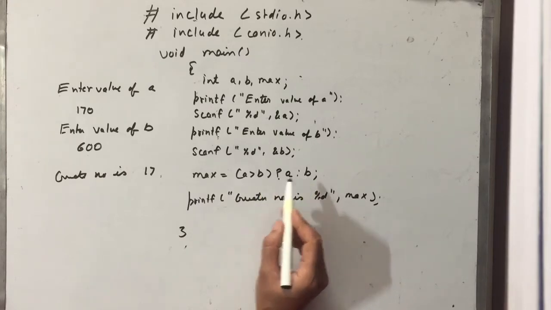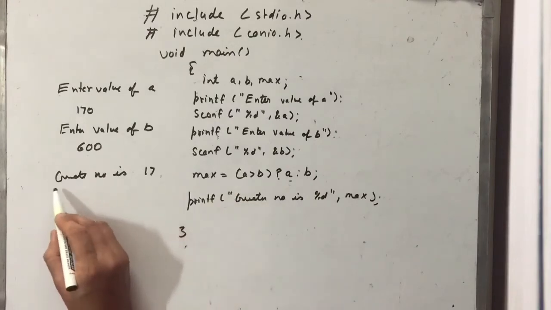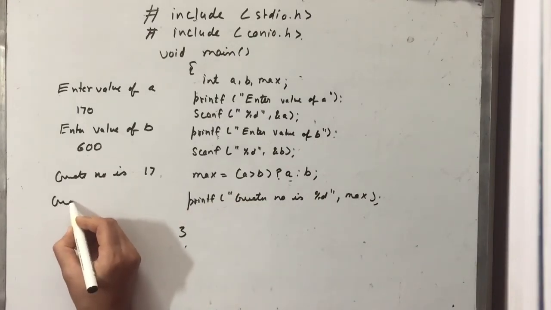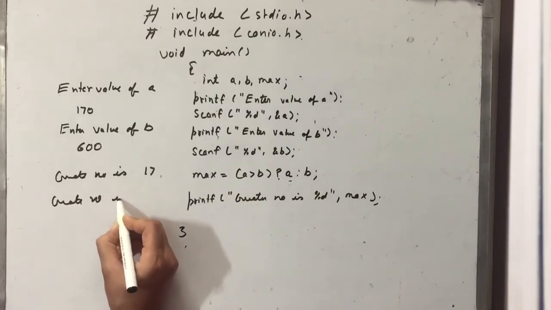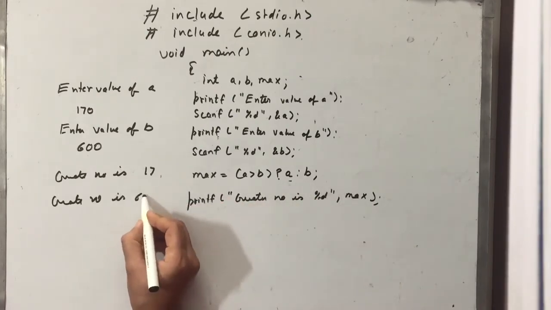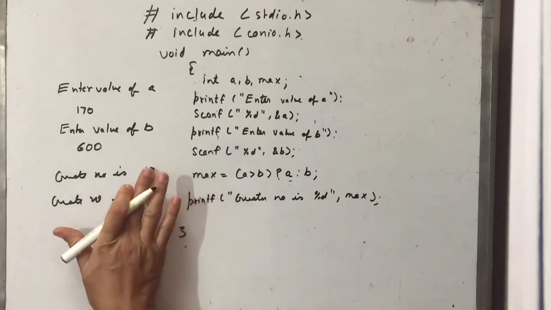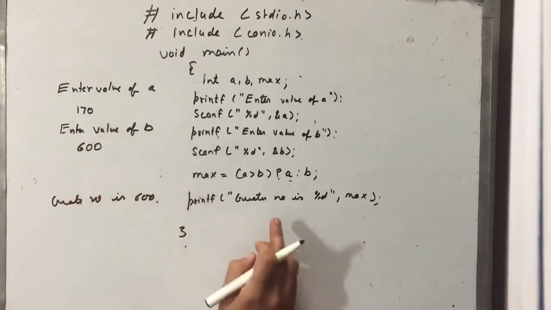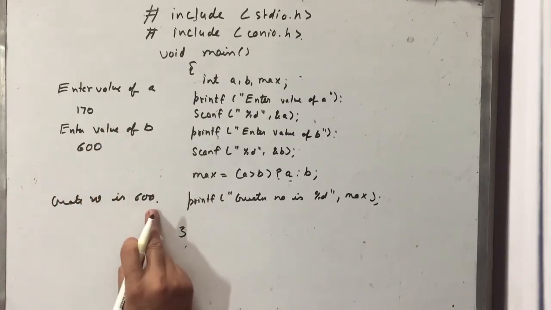So b will be copied into max. So the output will be: greater number is, and in max the value that has come is b's value. So greater number is 600. So this will be the output of this program.